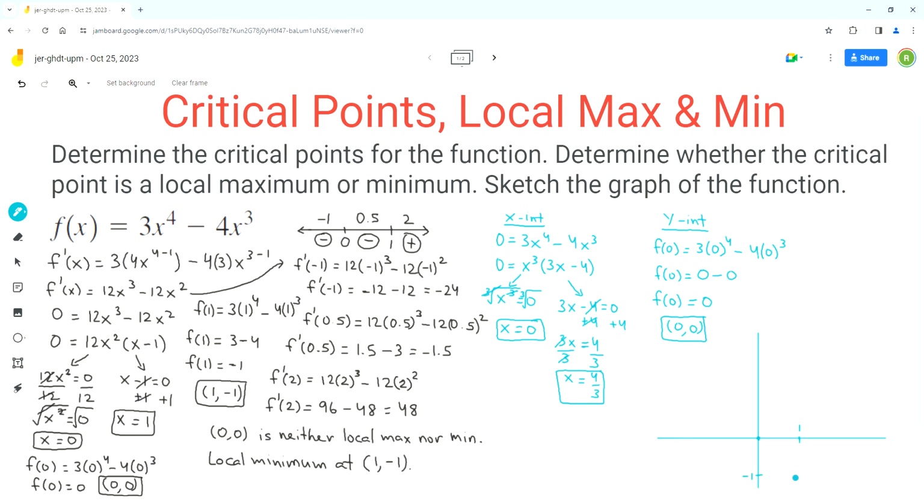So the critical point is here, which is also the local minimum. And now we can show the x-intercepts. The x-intercept is at x equals 0, which is also the critical point, same as the y-intercept. And the other x-intercept is 4/3, which will be somewhere here. So this is the other x-intercept.